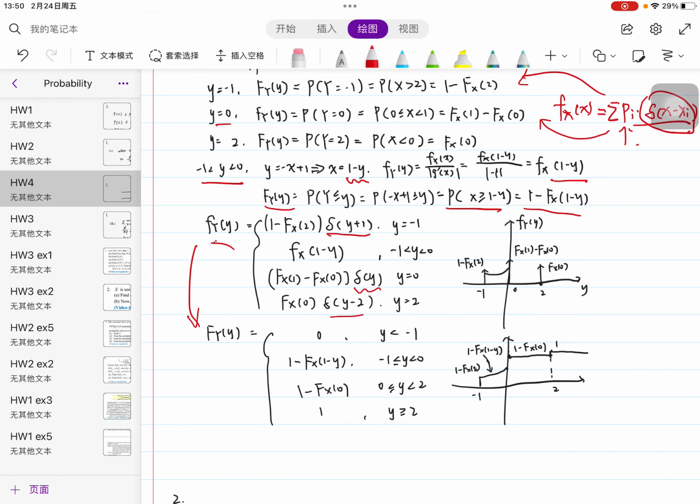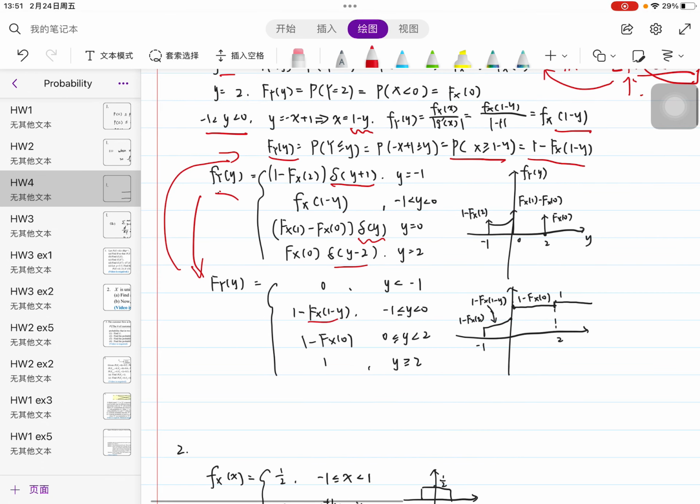Sorry, not the integral. We already calculated the distribution function here when Y is between -1 and 0. So that is 1 minus capital F_X(1 minus Y) here. And when Y is larger than 2, that is 1.